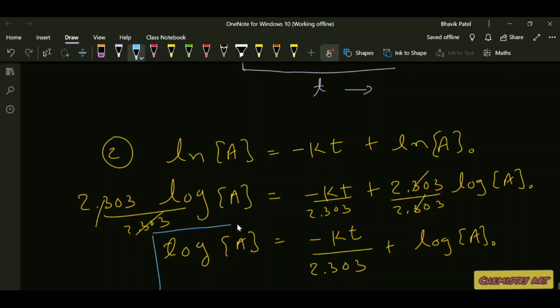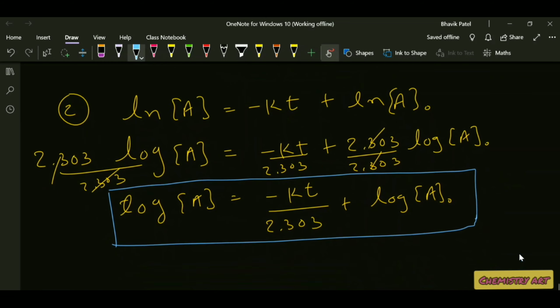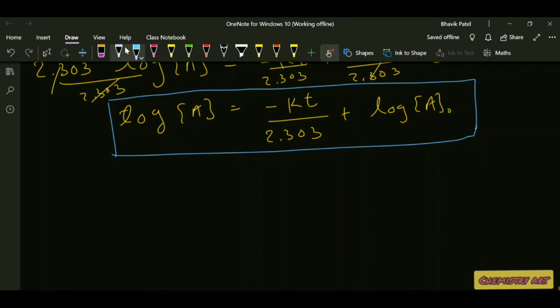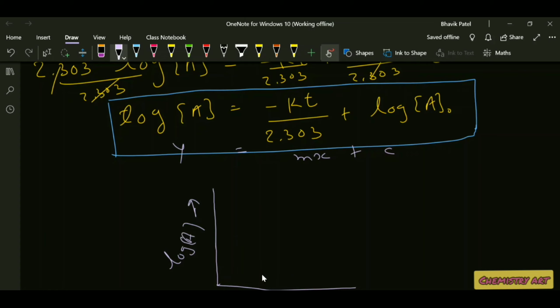And for this we will draw a graphical representation. Again, you can compare with y is equal to mx plus c. So the graph will be like this. On the y-axis we will take log A, and on the x-axis we will take t.